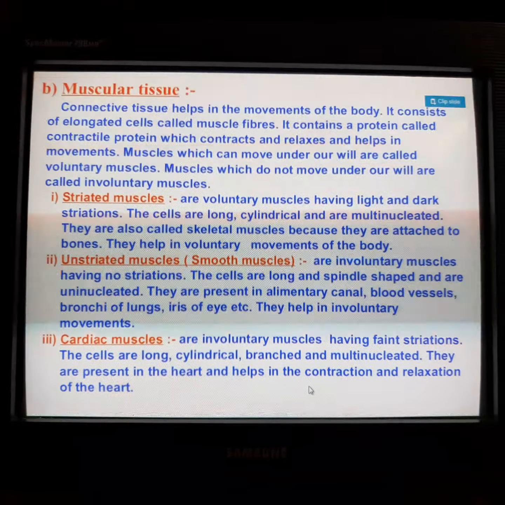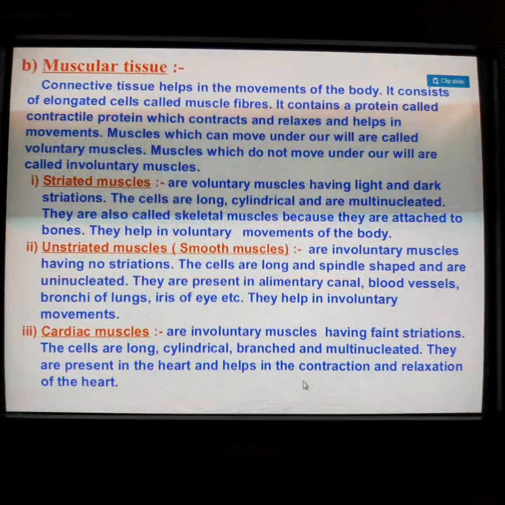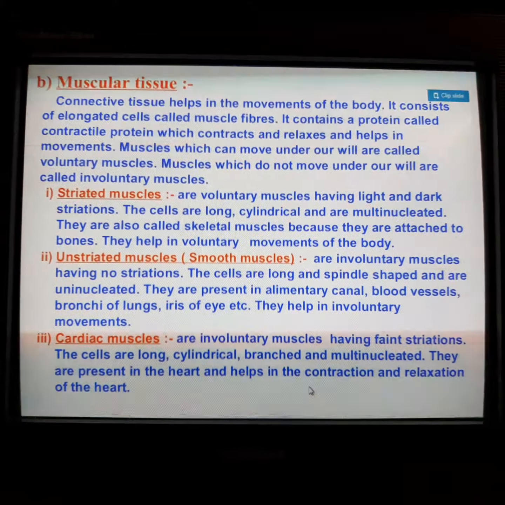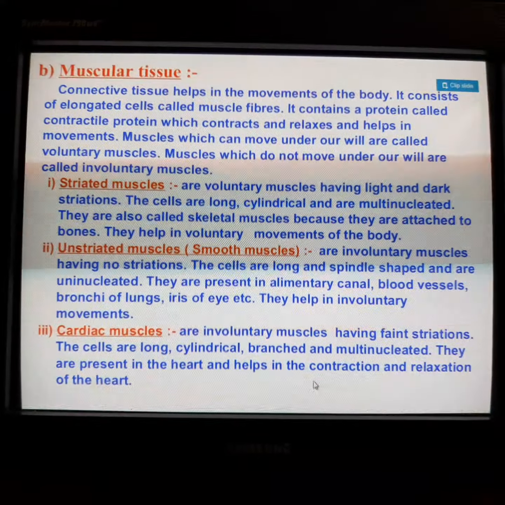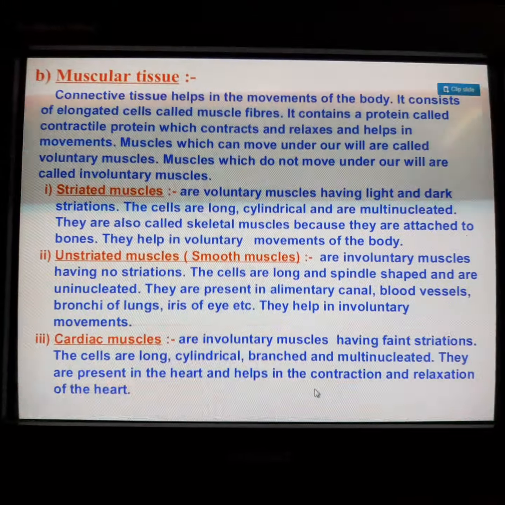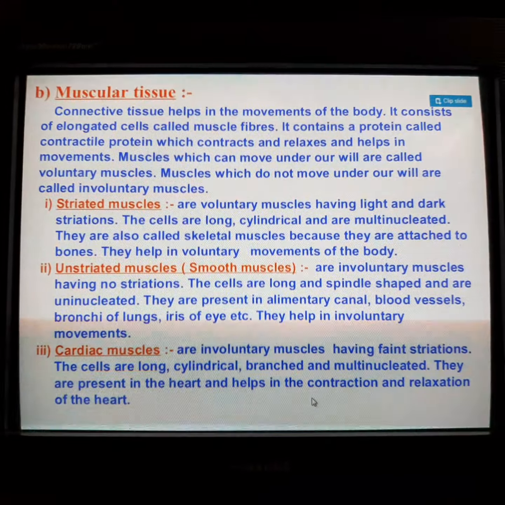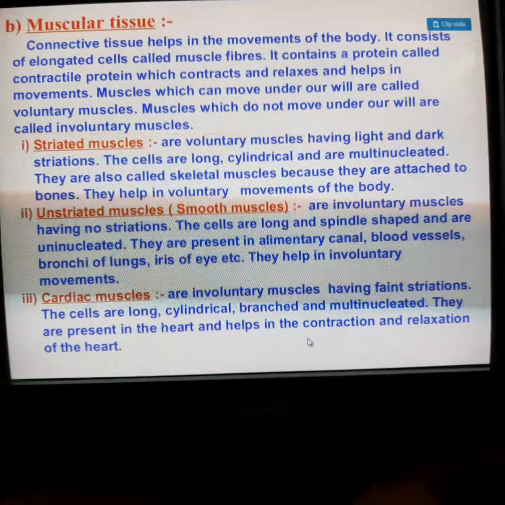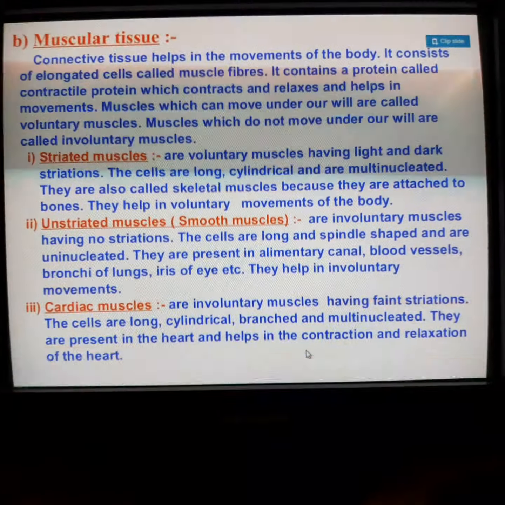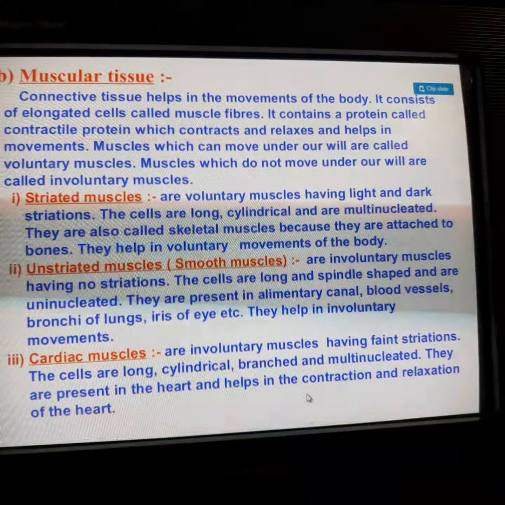Cardiac muscles perform rhythmic contraction and relaxation throughout our life. The cells of these tissues are cylindrical in shape, they have branches, and there is a single nucleus. Cardiac muscles consist of individual heart muscle cells connected by intercalated discs to work as a single organ.